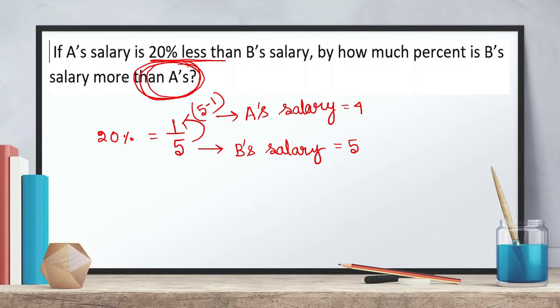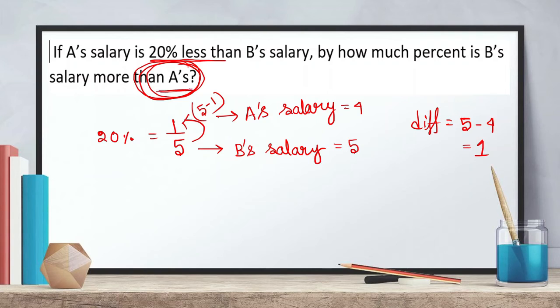To find this, we need to find the difference at first. The difference between their salary is 5 minus 4, that is 1. And what next? Whatever comes after "than" will go to the denominator. So after "than" it is A's.